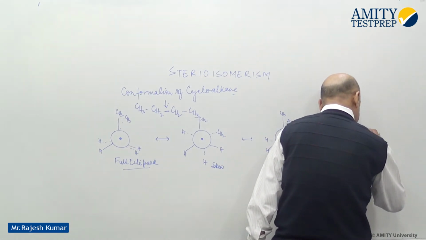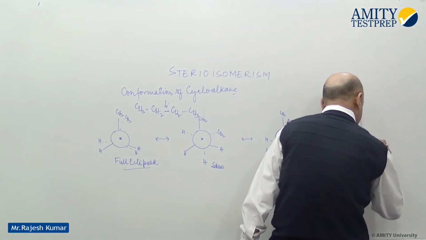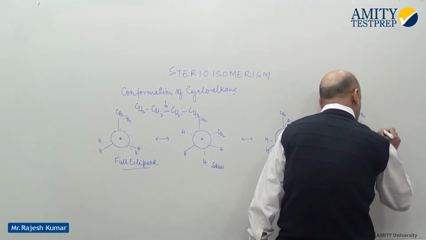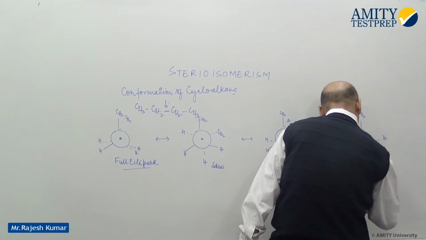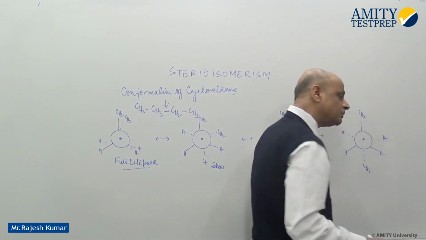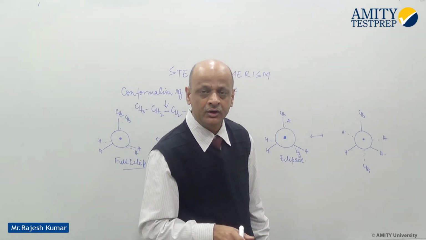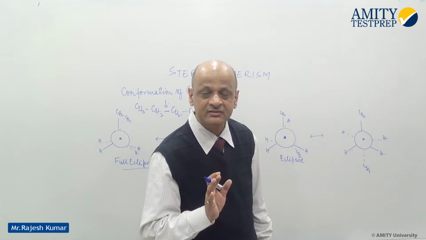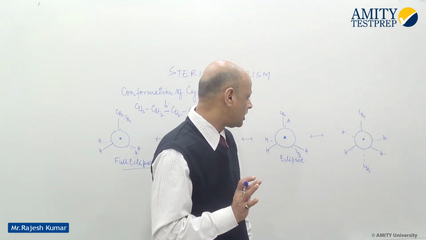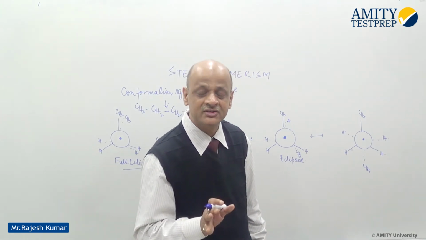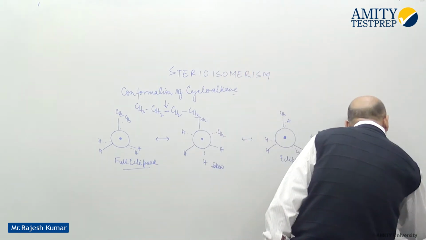Due to this rotation, both bulky groups keep themselves away from each other by the maximum distance, due to the torsional strain and the steric strain, and they occupy the maximum distance from each other and remain stable. So this stage is called the anti stage.